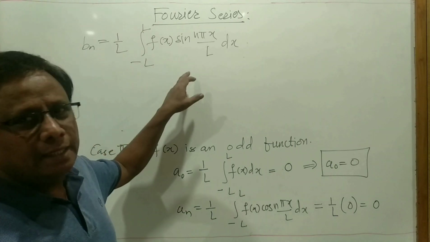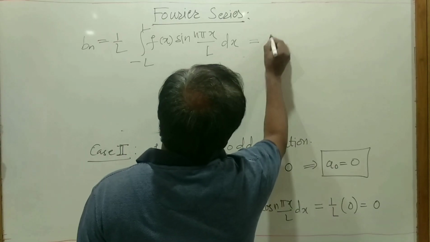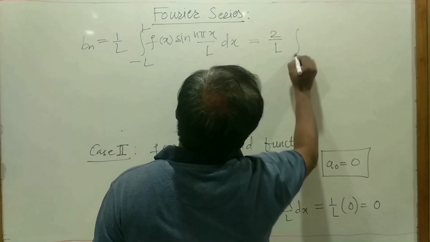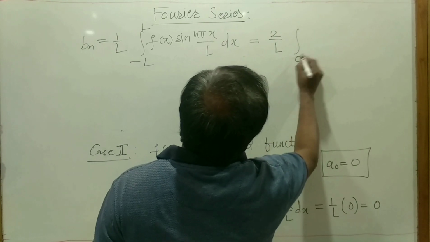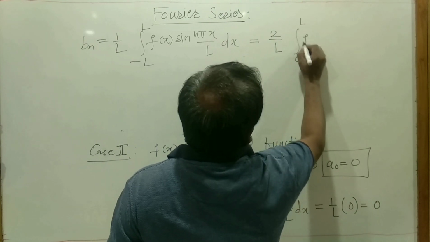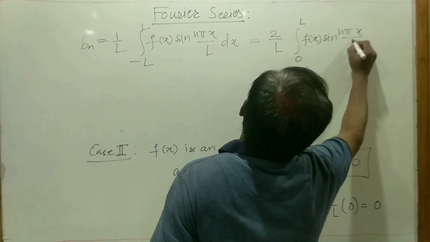Therefore, this is the integration of an even function, and it comes to be 2 times integral 0 to L f of x sin n pi x upon L dx.